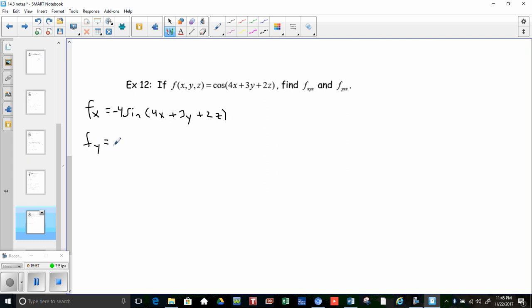The partial with respect to y, I'm sorry, x then y, moving in order, means I'm now going to take the derivative of this with respect to y. So it's going to be, let's see, the derivative of sine is going to be cosine, so it's negative 4. I'm going to hold off writing that now. Oops, not sine, cosine.